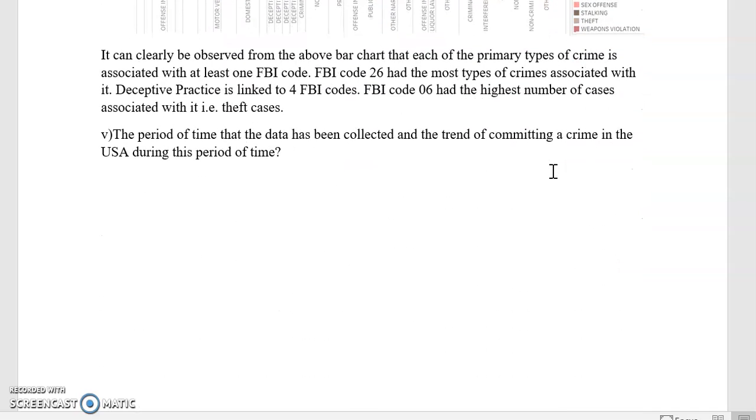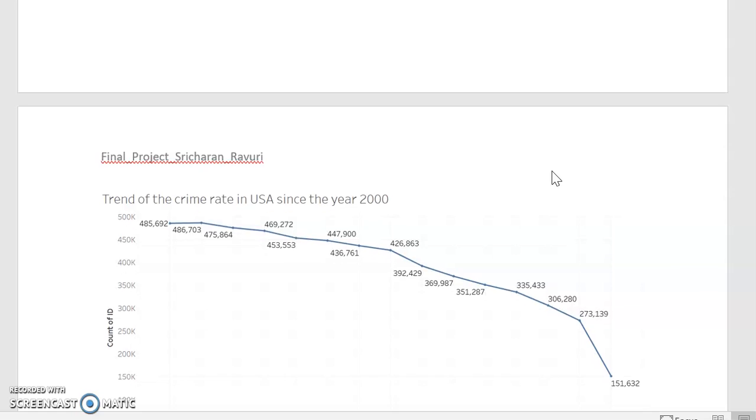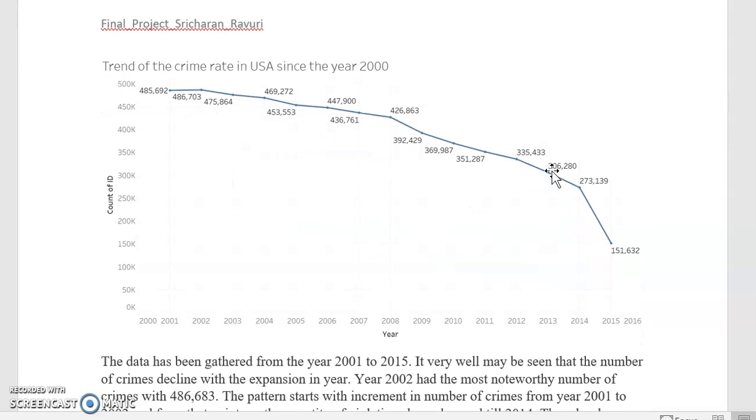Coming to the fifth one, over the period of time that the data was collected, what is the trend of committing crime in the USA? This is the visualization which shows the trend of the crime rate in the USA.